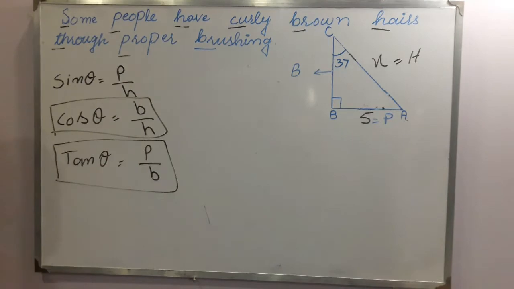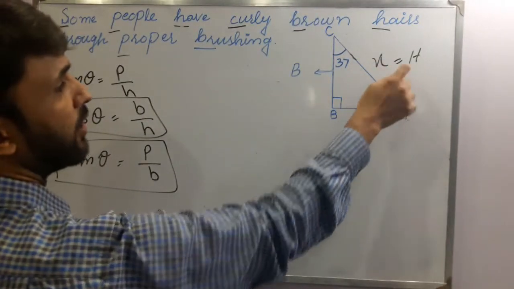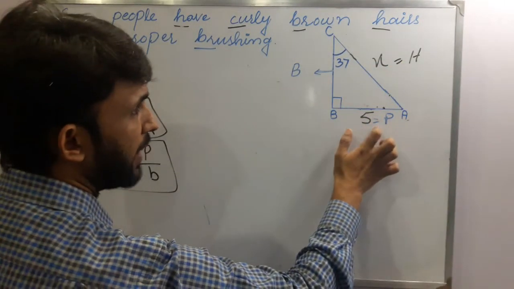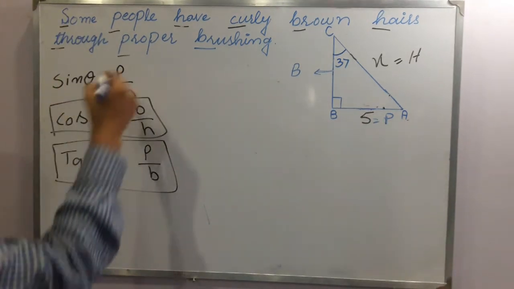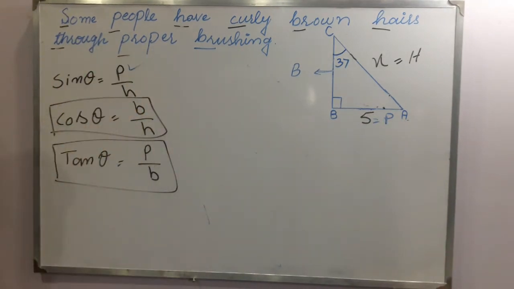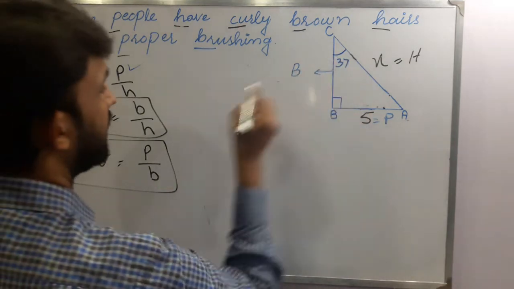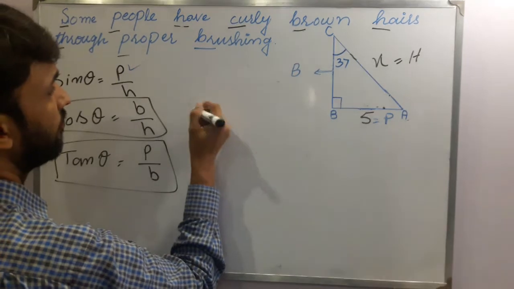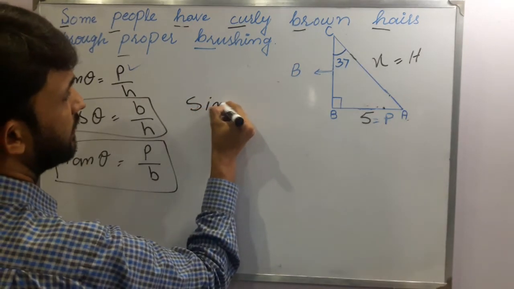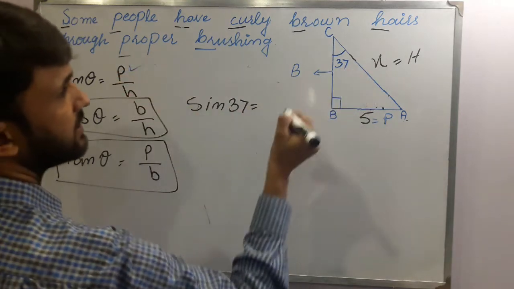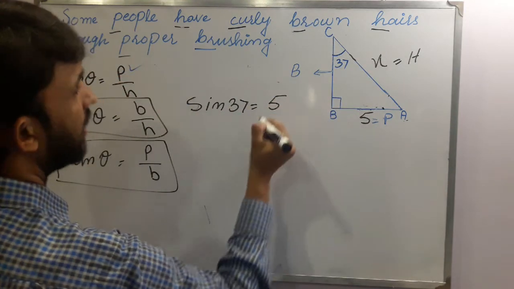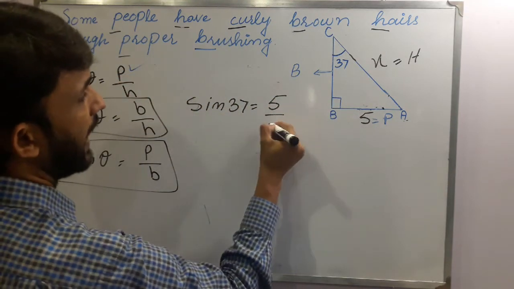Now we have to find the hypotenuse. We have the perpendicular and we have the angle. Perpendicular and hypotenuse are used in sine theta. So theta is 37, sine 37 is perpendicular 5 over hypotenuse x.